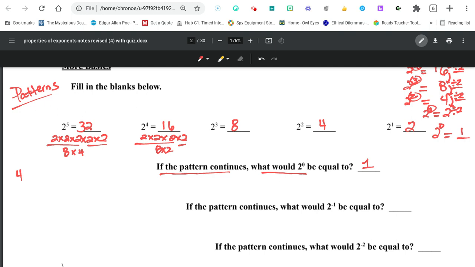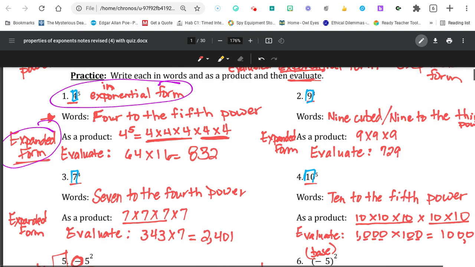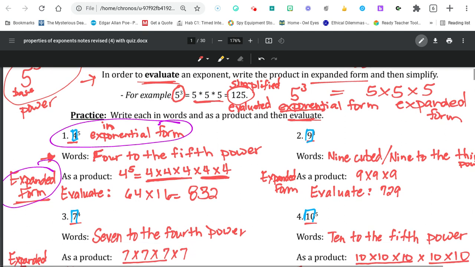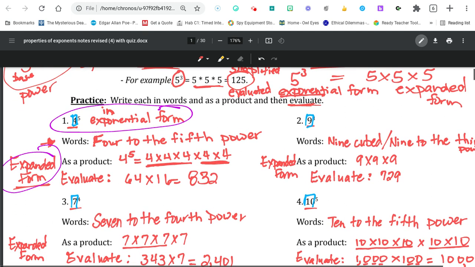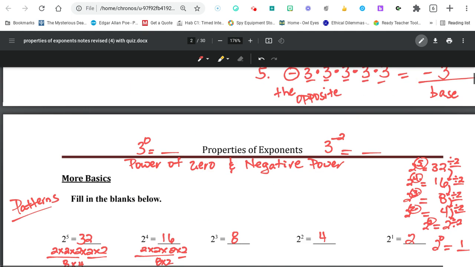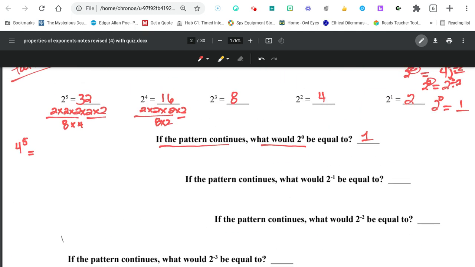And let's try 4 to the, I don't know, we'll try 4 to the 5th power too. Okay, 4 to the 5th power was on this page. It was 1024. It's number 1. And if the pattern would continue, I should be able to divide by 4 and get the next answer.